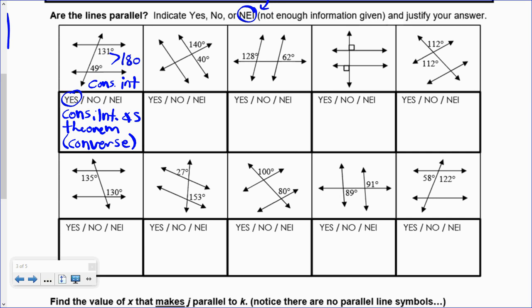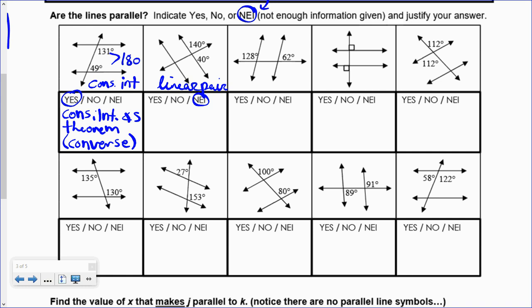All right, what relationship do I have here? Type of angles, not their measures, the type. I heard you say linear pair. They're a linear pair. Is linear pair enough to prove that they're parallel? No. Do you know why it's not enough?